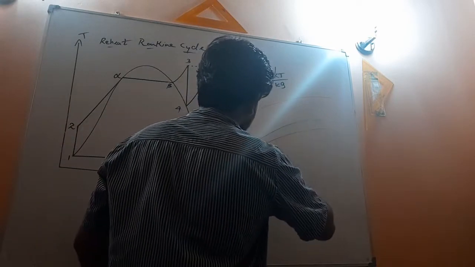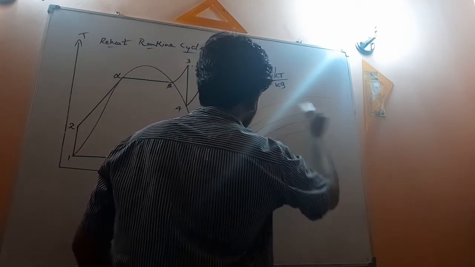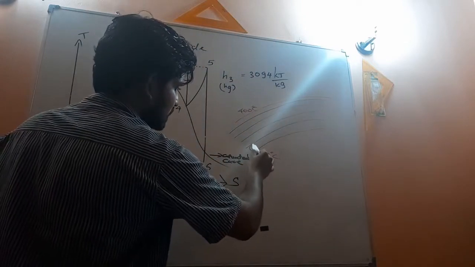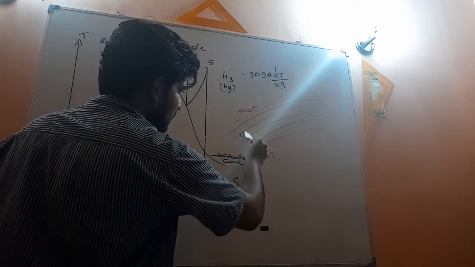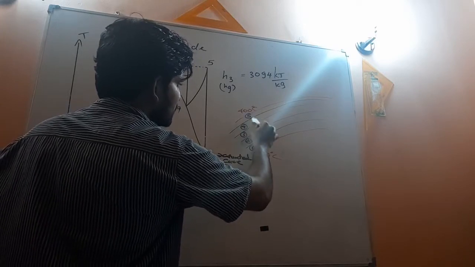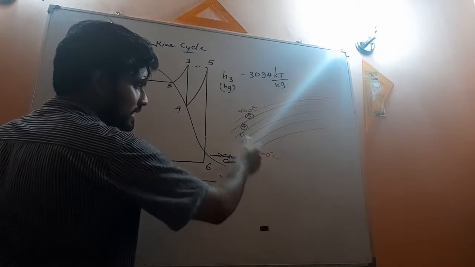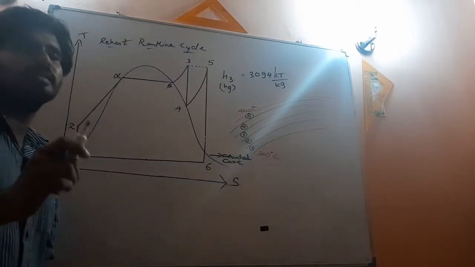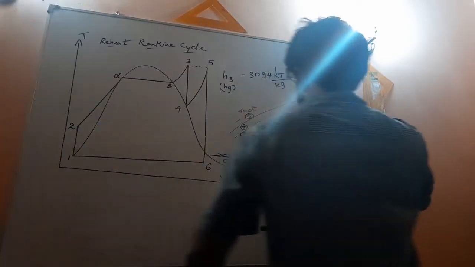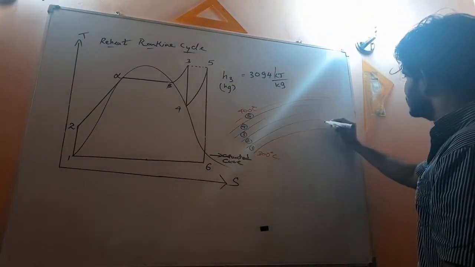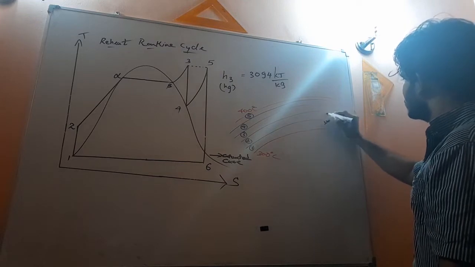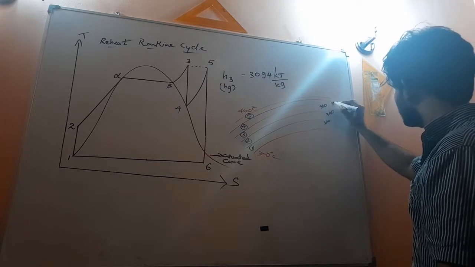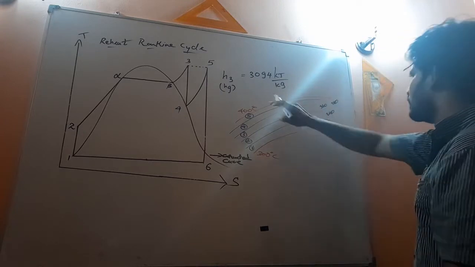Subdivision number 1, 2, 3, 4 and 5. That means the range in between two curves is 20 degrees Celsius. That means this is 300 degrees Celsius, so this is 320, 340, 360, 380, then this is 400, right?